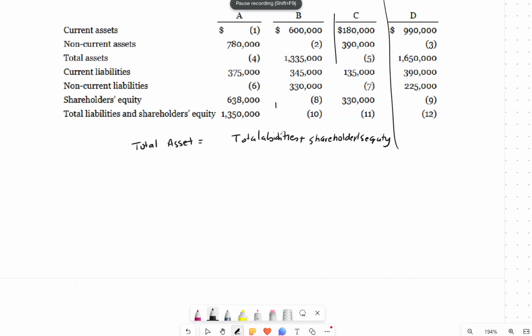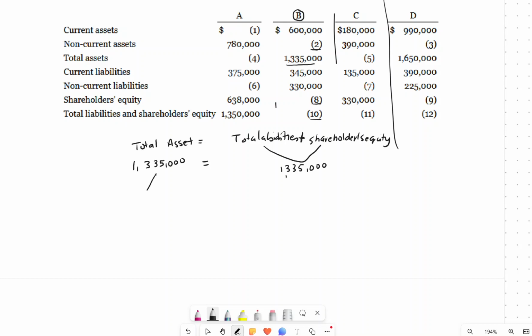When we do part B, we're trying to answer 2, 8, and 10. So those are the numbers that we're trying to figure out. They told us in the question that your total assets are 1,335,000.